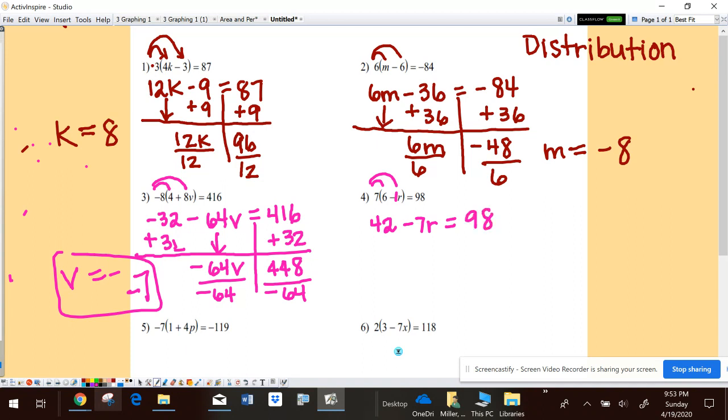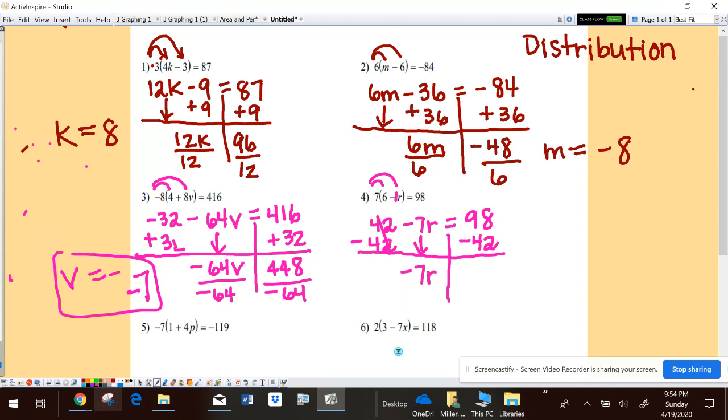Now remember, we always want to move our number first. So what do I need to move first? That's right, we're going to move our 42. I need to do that to both sides. Cross this out. I'm going to bring down my negative 7r.